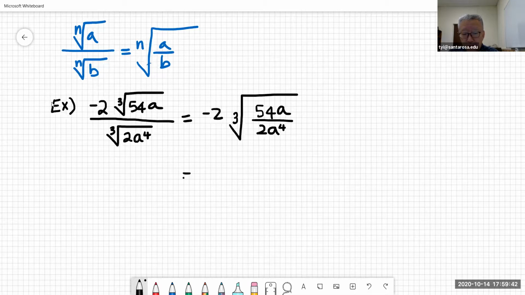So coming down here, you got -2, so you got cube root. So 54 divided by 2, you get 27. Now here, you can bring the a to the bottom, which becomes a to the -1. Then apply the product rule, so we get a to the cube.